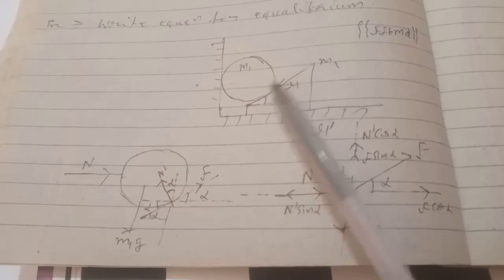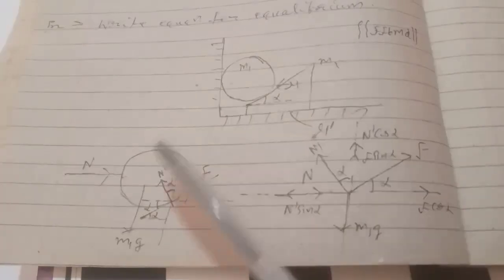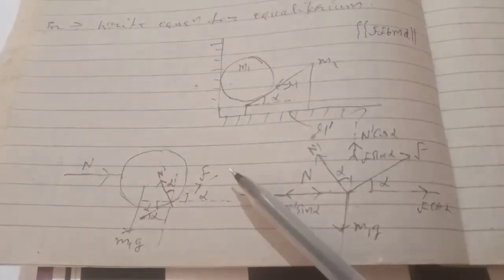Because this has a tendency to slip in this direction, the force of friction will be in this direction on this body, so it is shown as force of friction F.